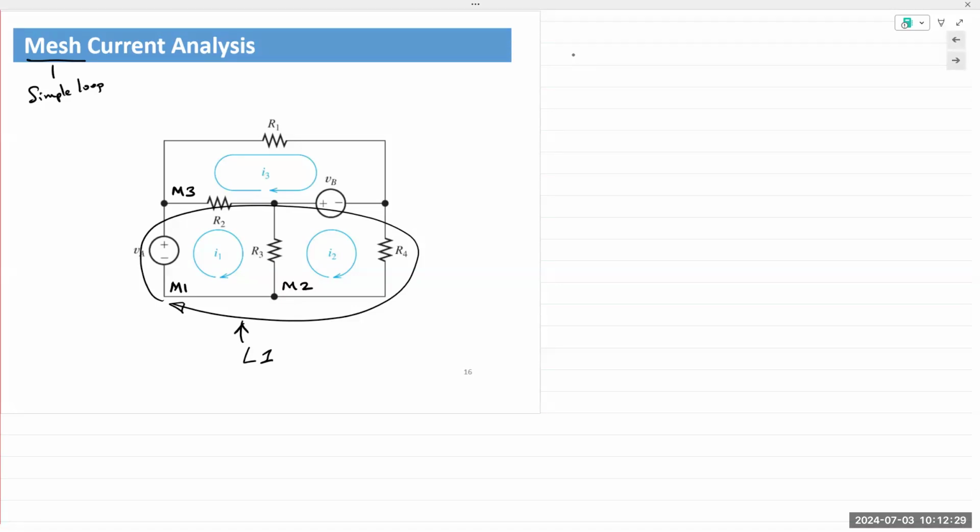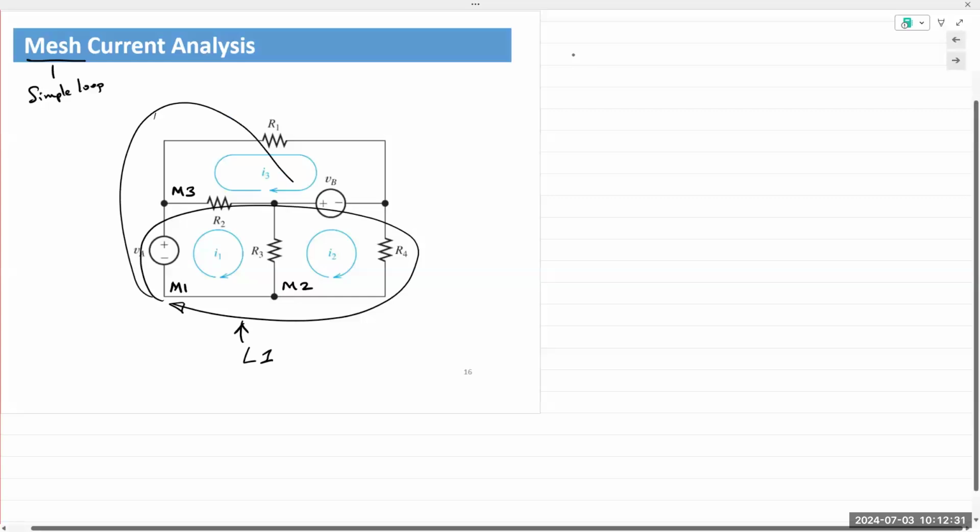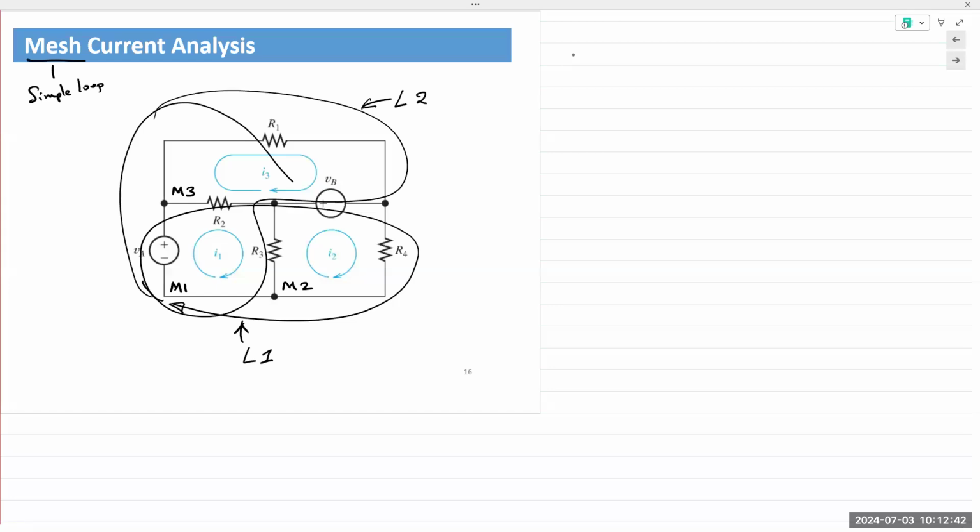Similarly, we can take this, and just for explanation purposes, let me label it as L2, loop 2. Loop 2 contains M1 and M3 inside it. And so loop 1 and loop 2, neither one of them can be considered as meshes.